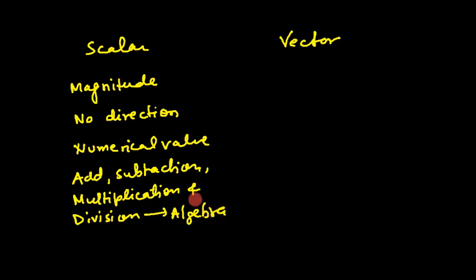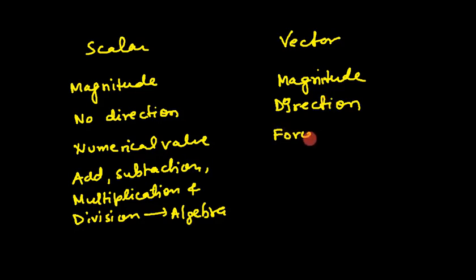However, vector quantities are physical quantities which have magnitude as well as direction. Examples of vector quantities are force, velocity, acceleration, momentum, and so on.